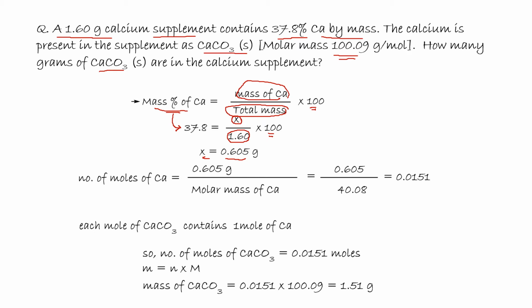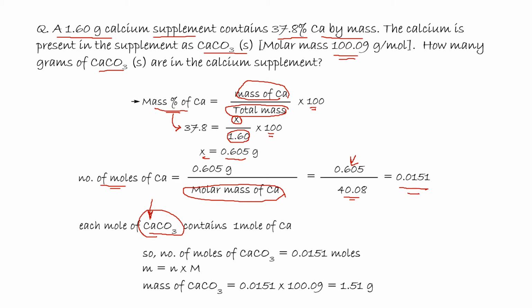0.6059 gram. Well, number of moles of calcium will be 0.605 gram divided by molar mass of calcium, which is 40.08. Okay, that gives the number of moles equal to 0.0151 mole. Each mole of calcium carbonate from the formula contains 1 mole of calcium.